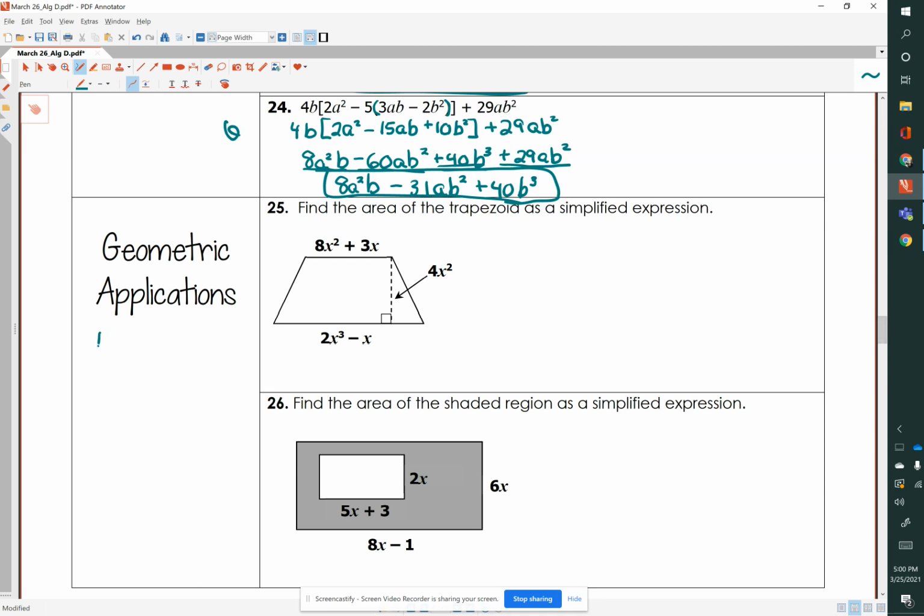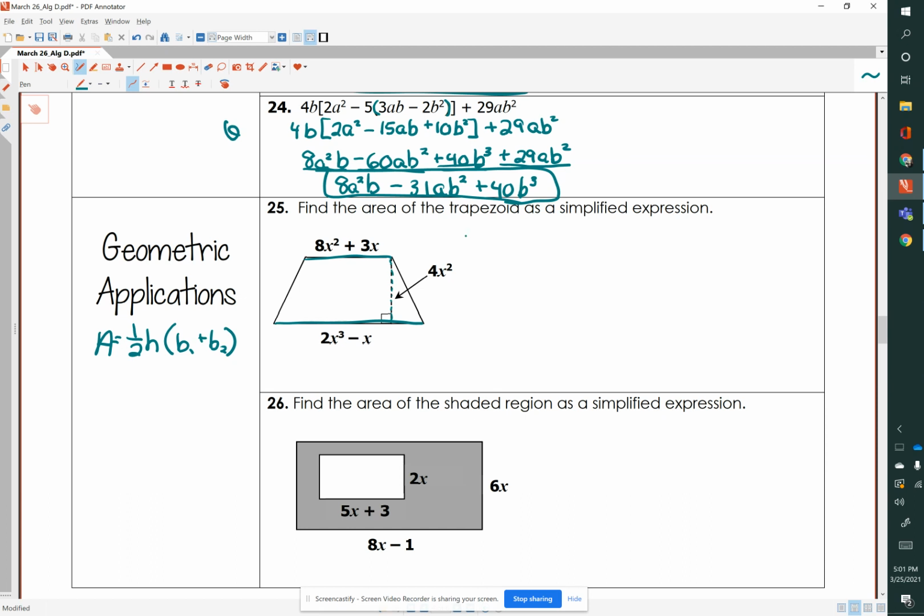I'm going to write it over here to give me more room to do the problem, is 1/2 the height, which is this dotted line, 1/2 the height times B1 plus B2. Okay, this is our B1 and our B2. So we're multiplying 1/2 the height times the quantity of the top added to the bottom.